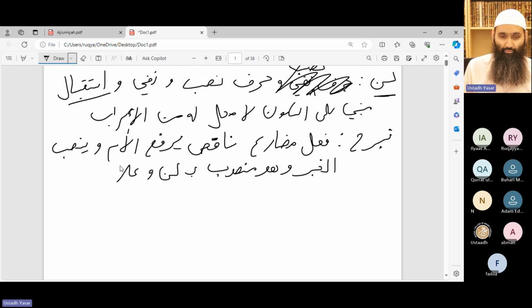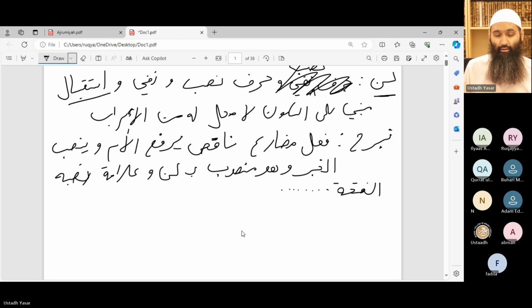And the alamat nasb is very clear. We've done it already in the book. وعلامة نصبه الفتحة الظاهرة على آخره. نعم. فعل مضارع ناقص يرفع الاسم وينصب الخبر وهو منصوب بلن وعلامة نصبه الفتحة الظاهرة على آخره. نعم. Okay. So where is the ism of nabraha? Remember we said it needs a ism and needs a khabar.